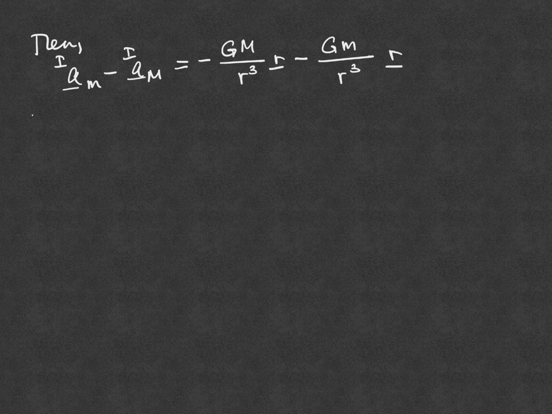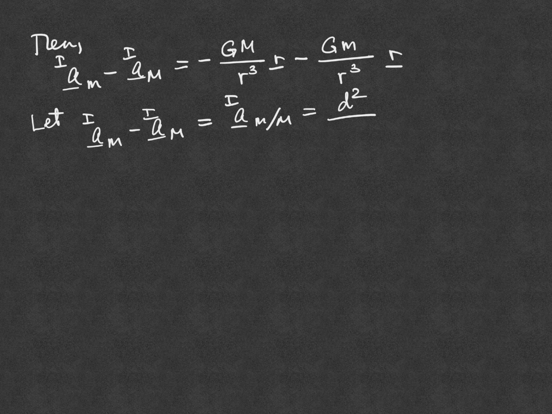But before I do, we're going to say let the acceleration of little m minus the acceleration of big M equal the acceleration of little m relative to big M in I. But we know that that's just equal to the second derivative in I of the position that we started with, which is the position of little m relative to big M. We just called that r.